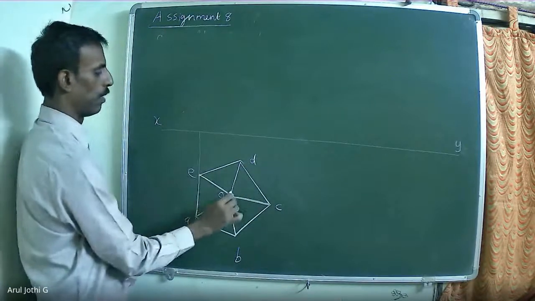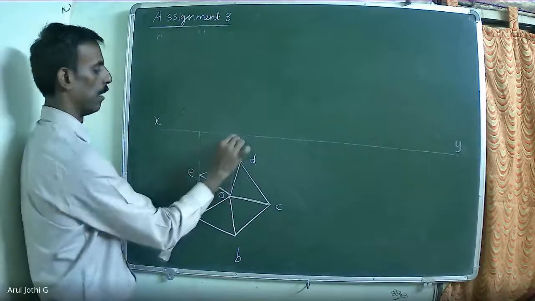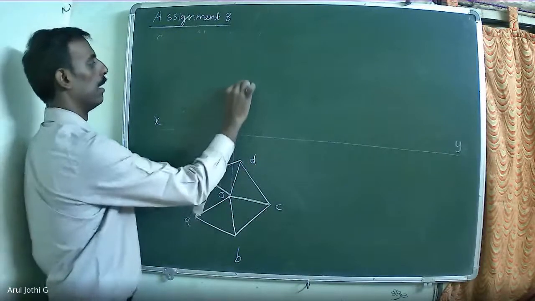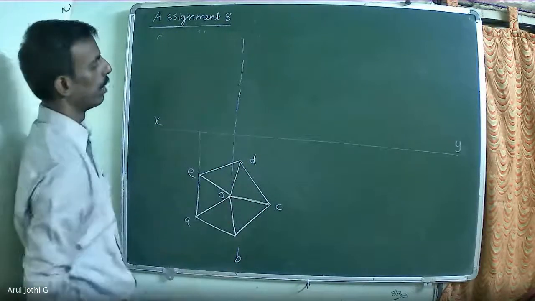For a pyramid, always first of all you have to extend the axis line. The axis height, or altitude, of the pyramid is given.